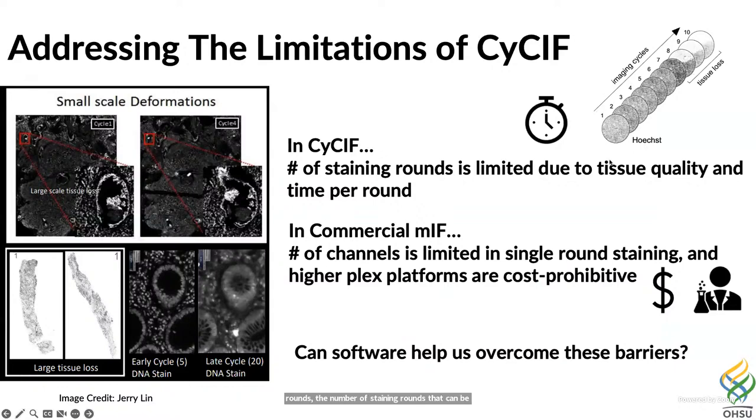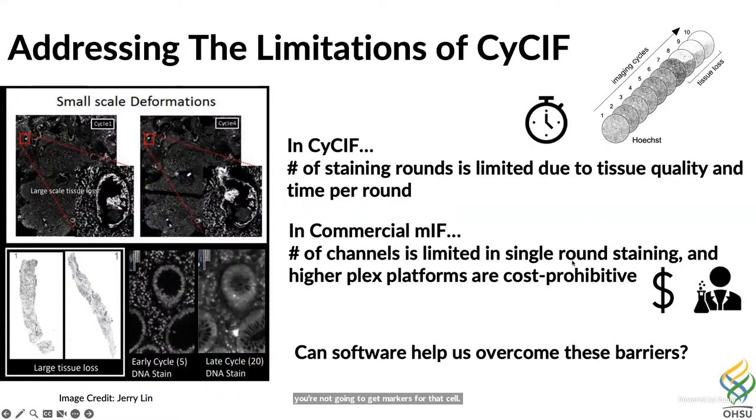You can see up here, for example, in later rounds, you start to get tissue loss, and that means that certain cells are literally just not going to show up in these rounds. So for markers that were stained within this round, you essentially have missing data, where you're not going to get those markers for that cell.